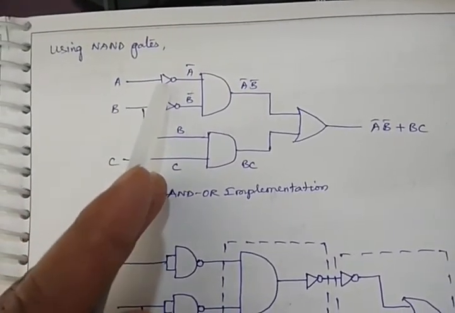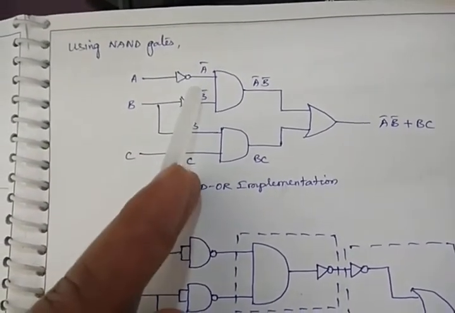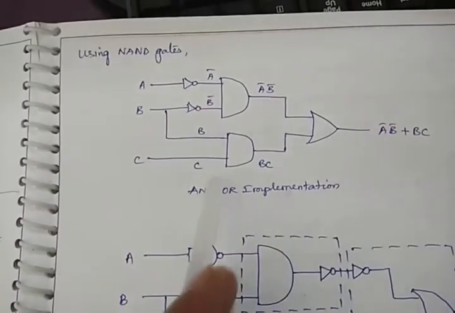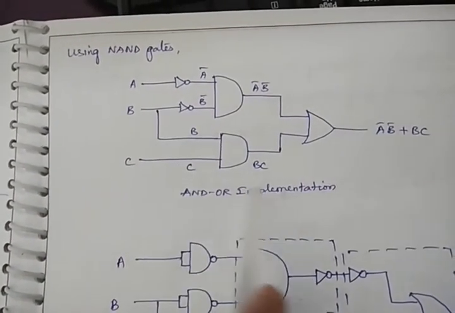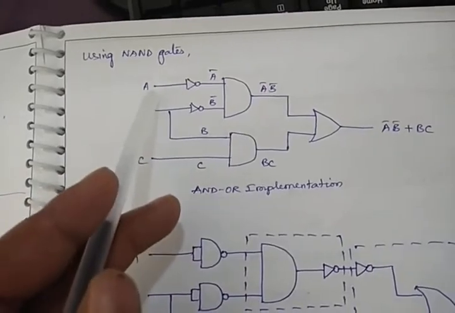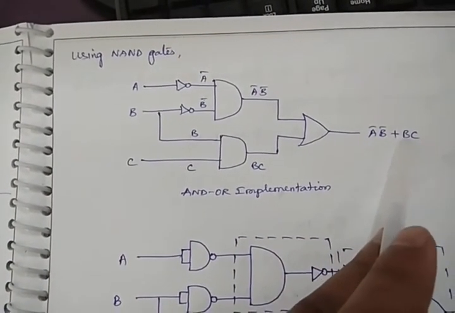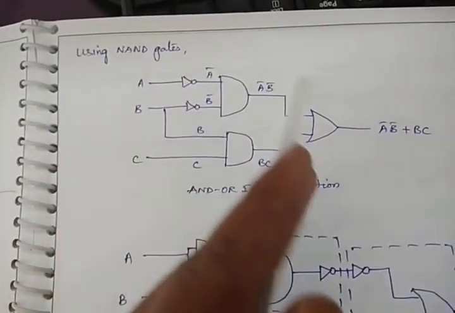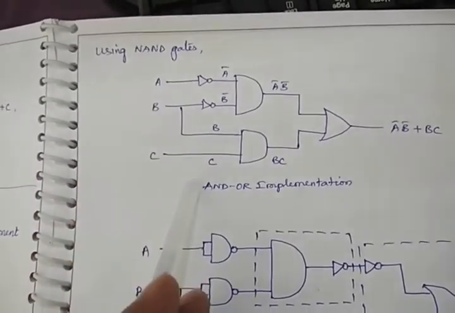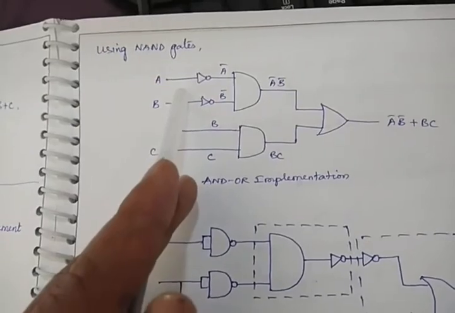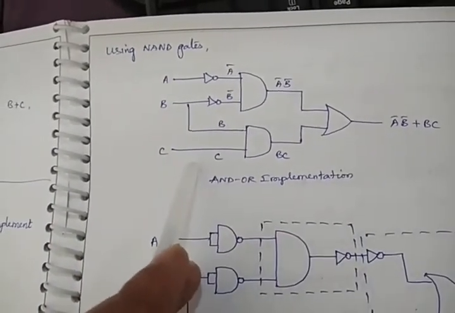We'll see how we are going to implement this using only NAND gates. First you have to draw it using basic gates, the AND-OR implementation. See, using basic gates how we are getting this output. For that you have to draw the diagram. This diagram we already discussed. So I drew this diagram first.